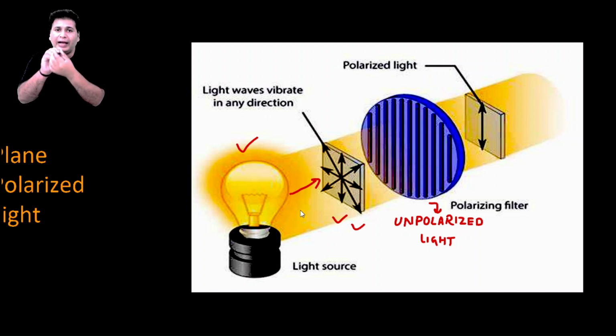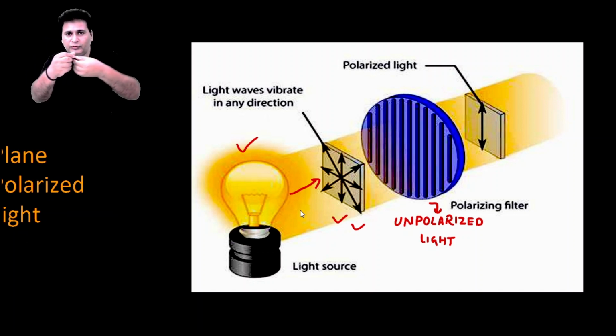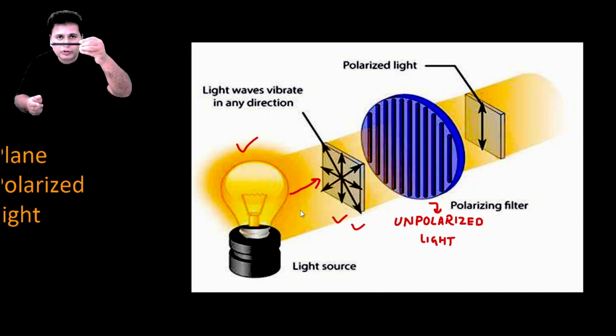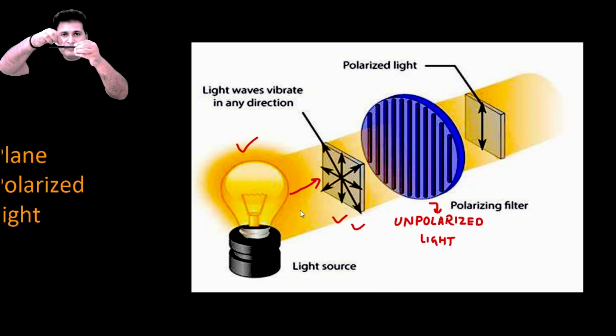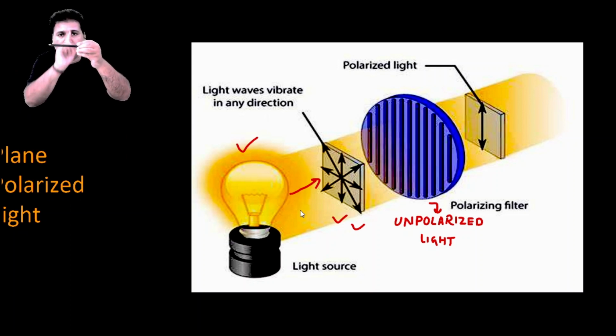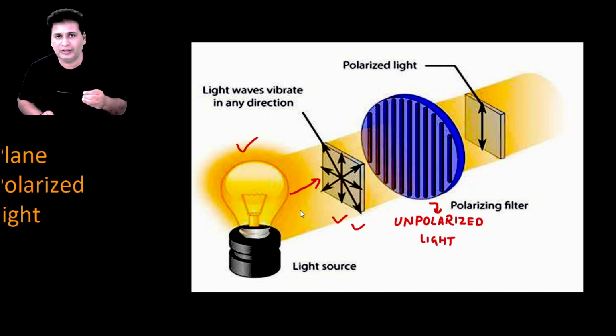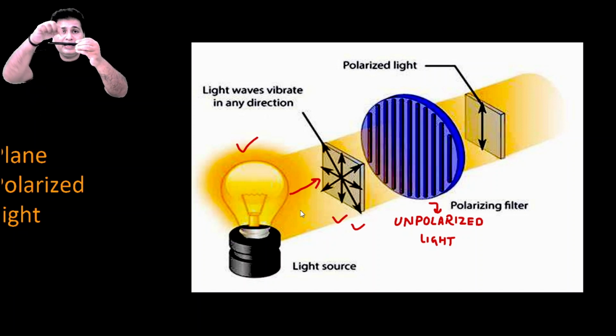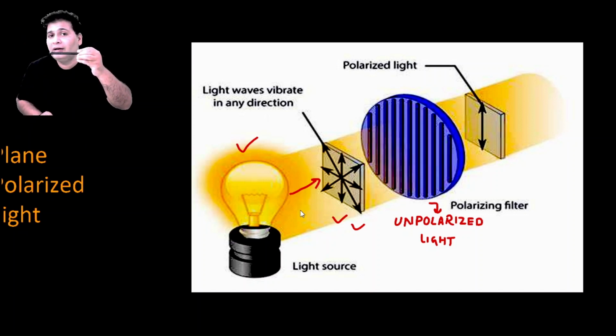As the light is moving, electric field vectors will be associated in directions perpendicular to the line of propagation. So as the light is progressing like this, the electric field vectors will be associated in all the directions perpendicular to the line of propagation.